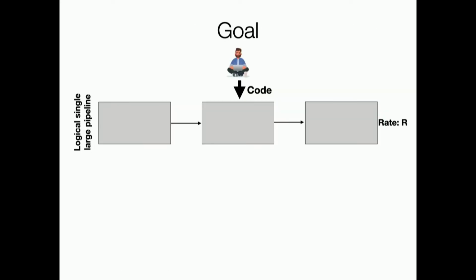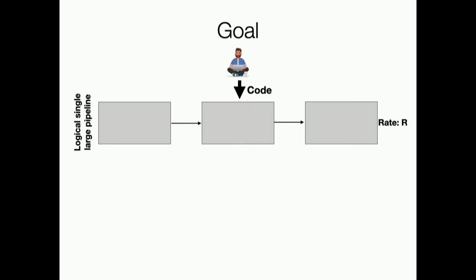So what is the goal here? From the programmer's perspective, we still want the programmer to have this logical single large pipeline abstraction for ease of programmability. We don't want to burden programmers with all the parallelism. They just assume, I have a large single pipeline running at rate R, and I will write my P4 program against this.